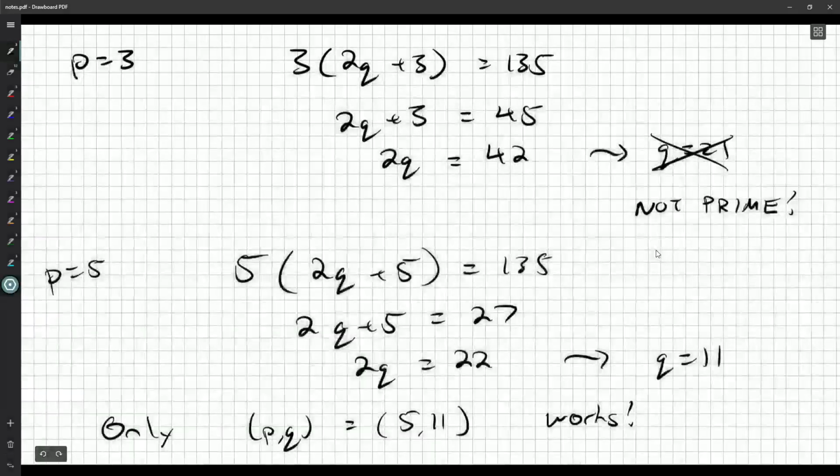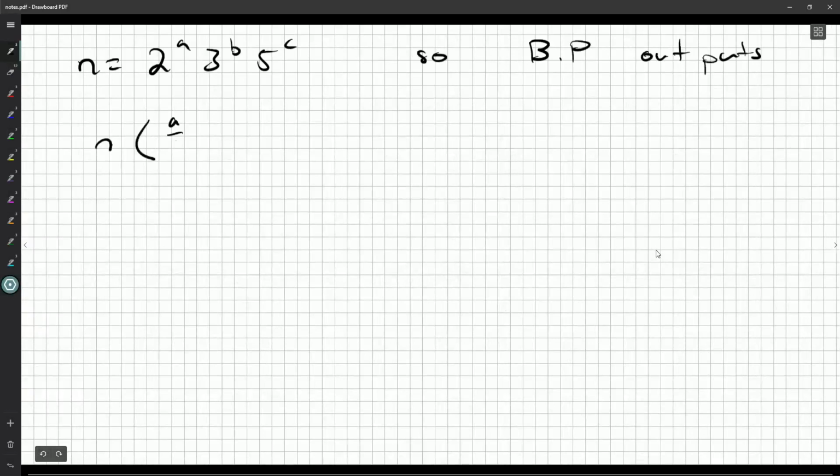Okay, so, well, I know the factorization that we're going to be working with. So the Barbeau process outputs n times a over 2 plus b over 3 plus c over 5. And we want this to be equal to 4 times n.